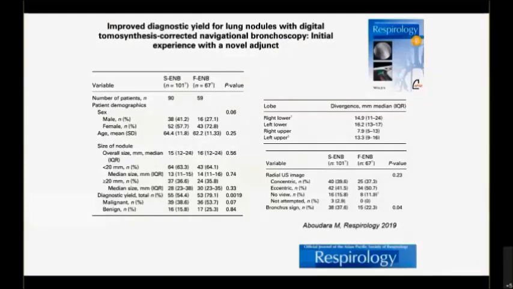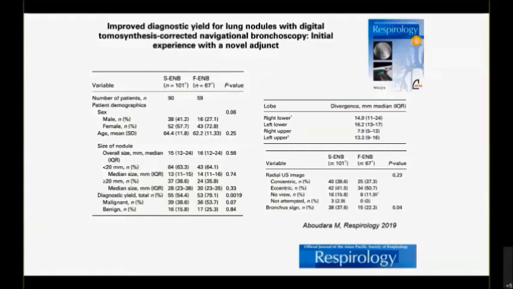So here's our initial data that we published last year, and this really was not at all a landmark paper, as Krish mentioned. It's a very small and preliminary study that is interesting nonetheless.